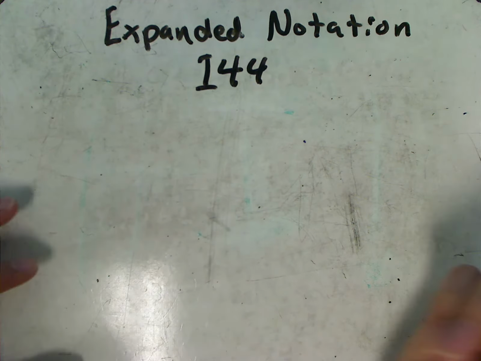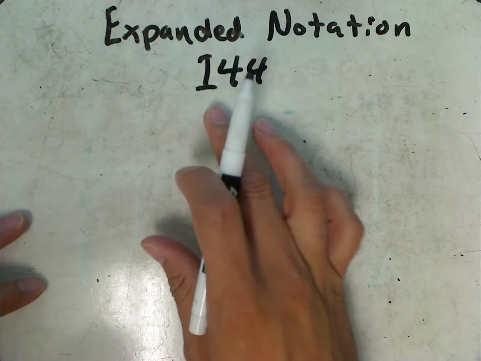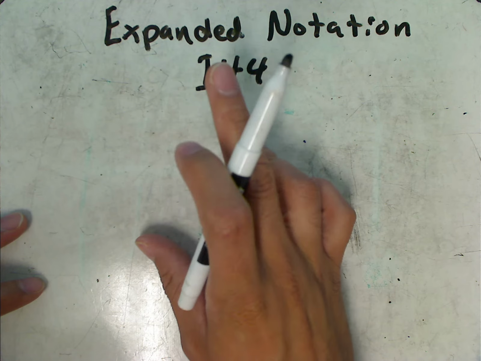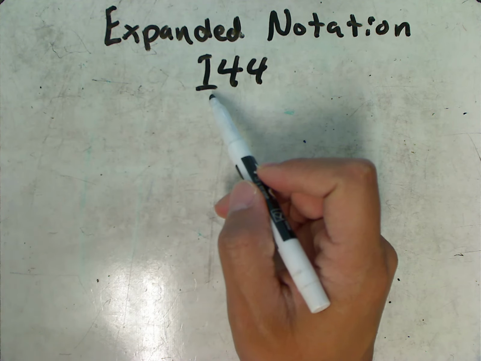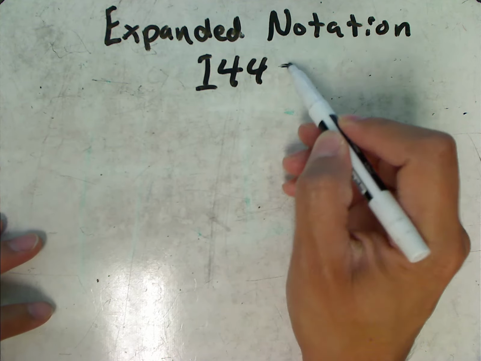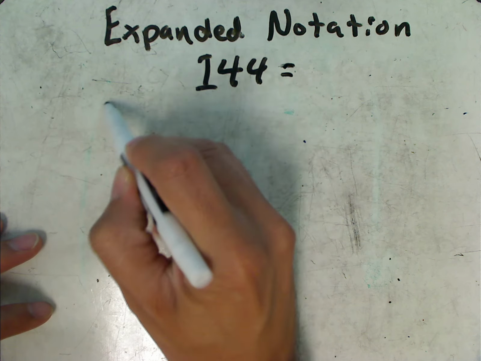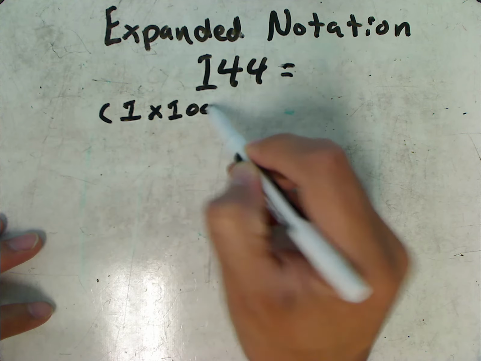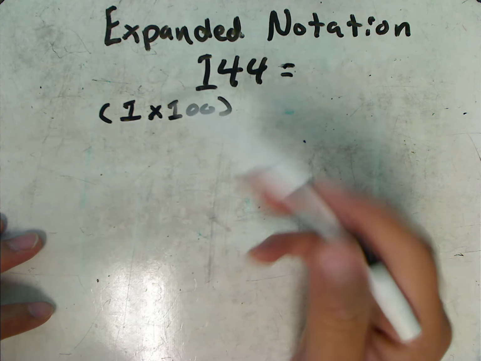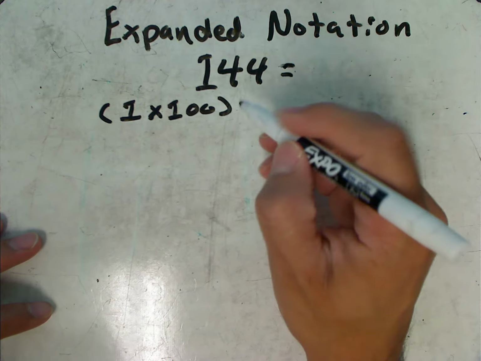So for example, if we know that the 1 here is in the hundreds place, I can represent it like this. I could do 1 times 100 to get the same thing as 100.